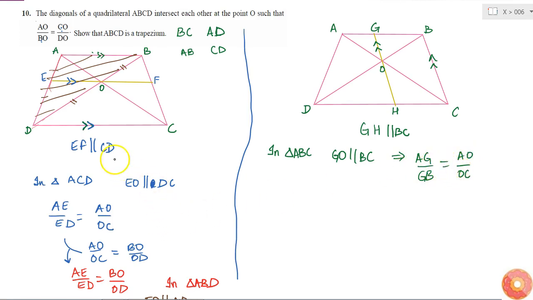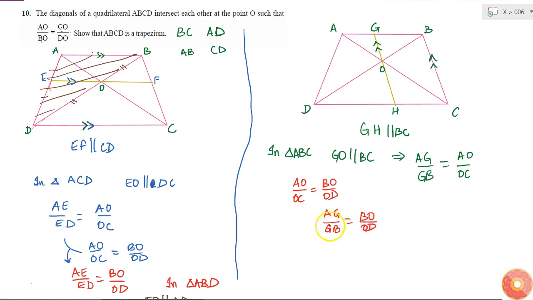And here I also have AO by BO is equal to CO by DO, or I can also write it as AO by OC is equal to BO by OD, right? I can write it like this because I just interchanged BO and CO. So AO by OC is equal to this, and AO by OC is also equal to this. So AG by GB is equal to BO by OD, correct?